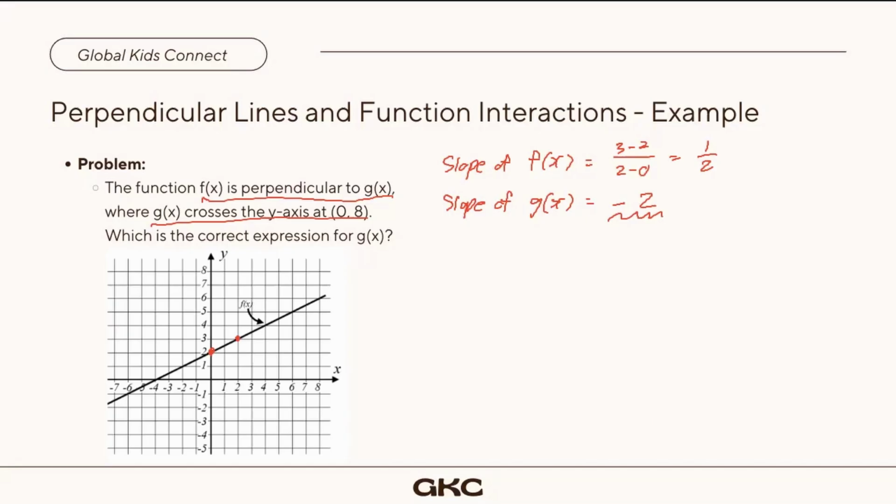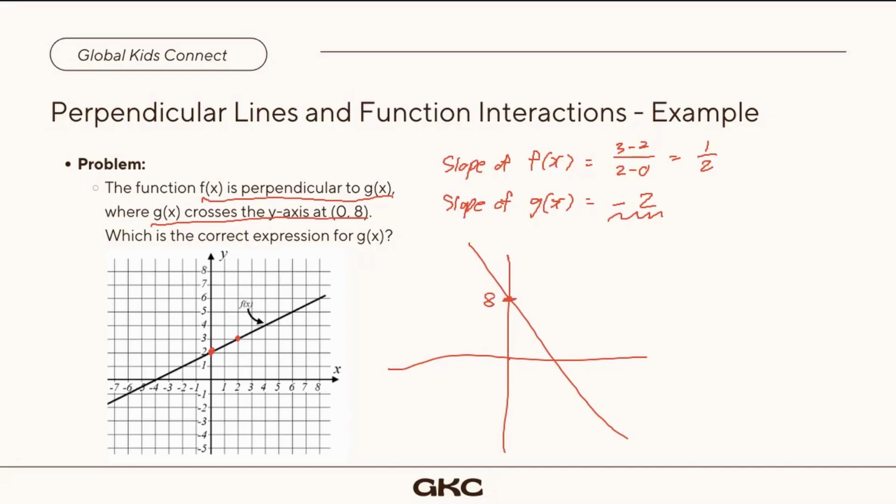The problem states g of x crosses the y-axis at (0, 8). So if we have a g of x function, we know that the slope is -2, and so it will be sloping downwards like this. However, the problem also says that when the x value is 0, the value of g of x is equal to 8.